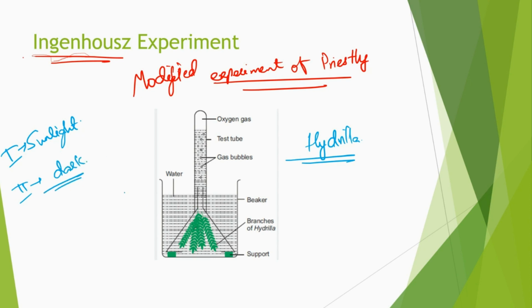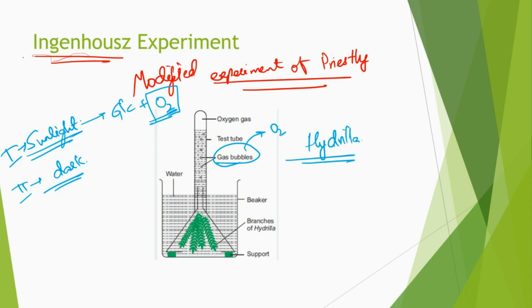No sunlight was given. Now, in the presence of sunlight, when he placed this plant in water, we know that in sunlight, along with carbon dioxide and water, the process of photosynthesis takes place, during which glucose is produced along with oxygen being released as an end product. This oxygen could be seen as gas bubbles in the water.